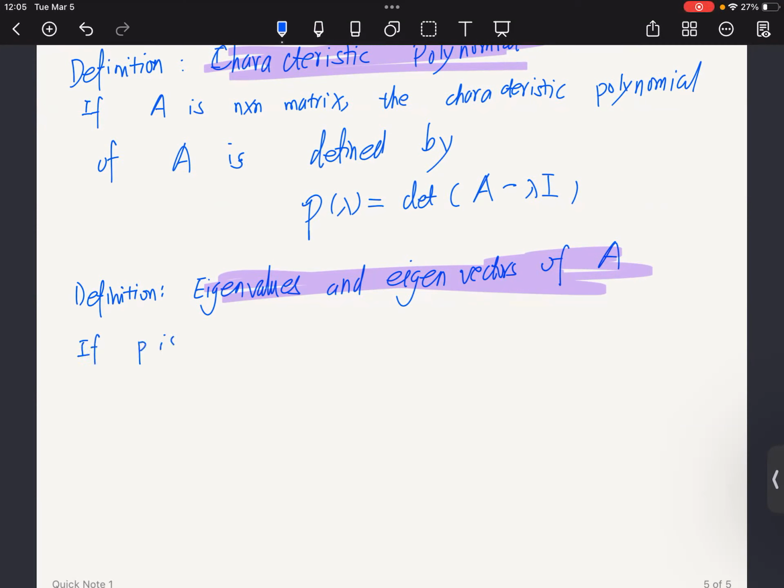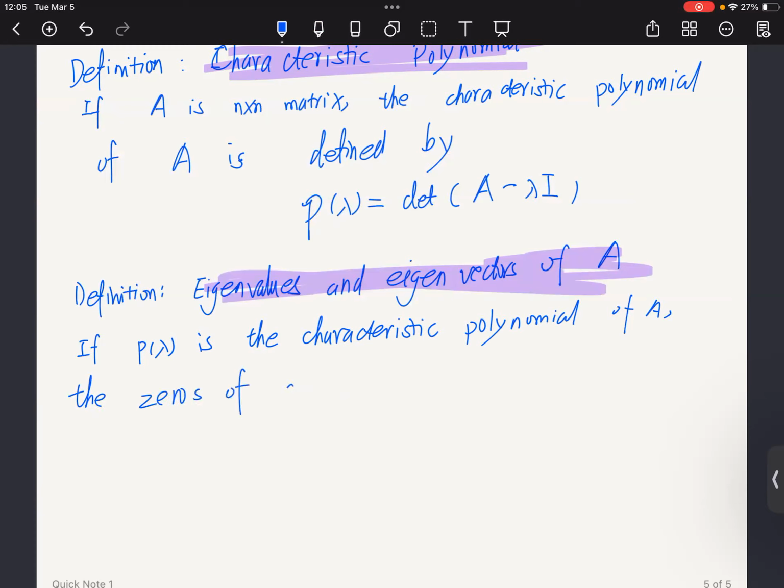If P(lambda) is the characteristic polynomial of A, then the zeros, meaning the roots, of the characteristic polynomial are the eigenvalues.